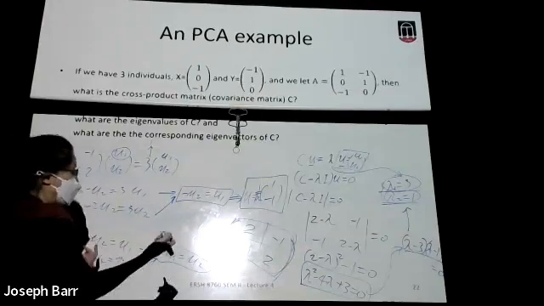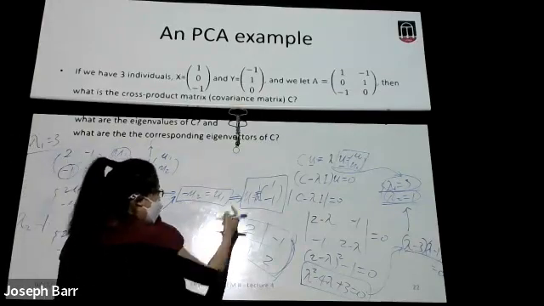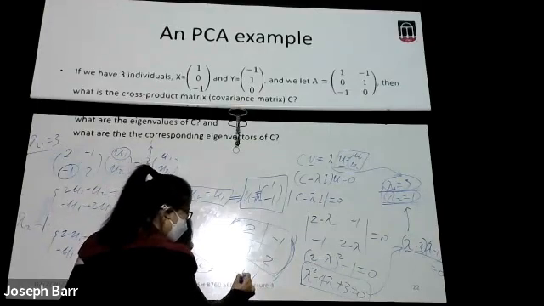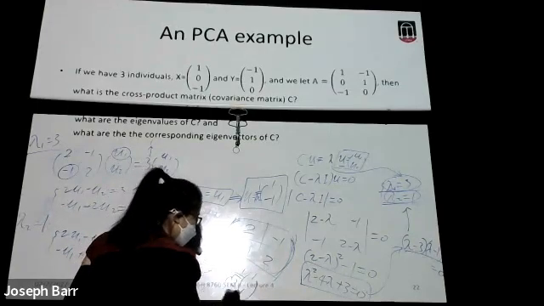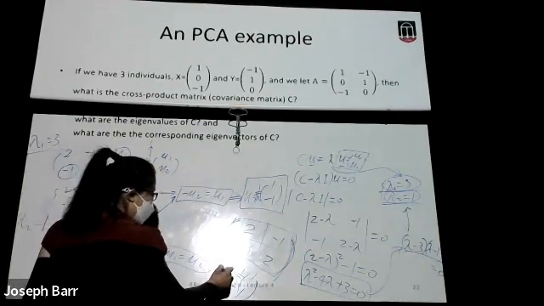But if we try to standardize it, we should still keep the length at 1. It's (1, 1) over square root of 2. This is another eigenvector, suppose it's g.